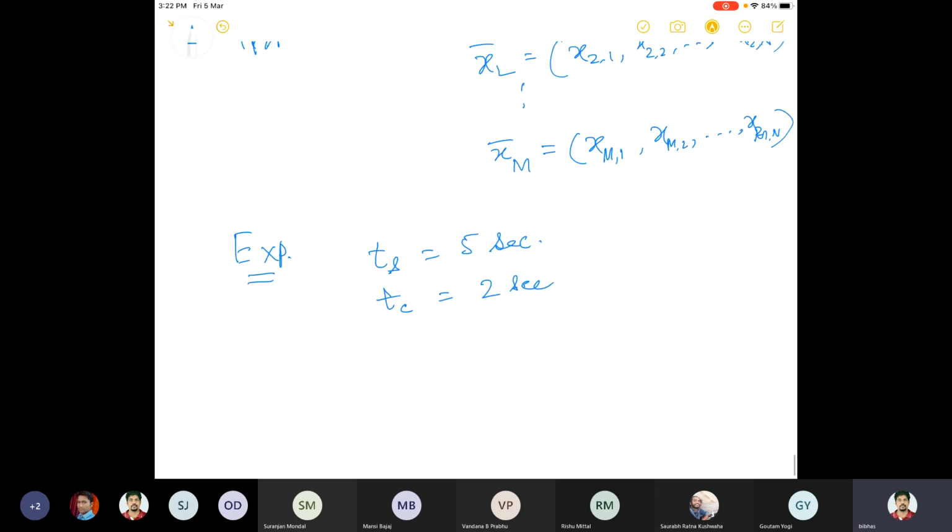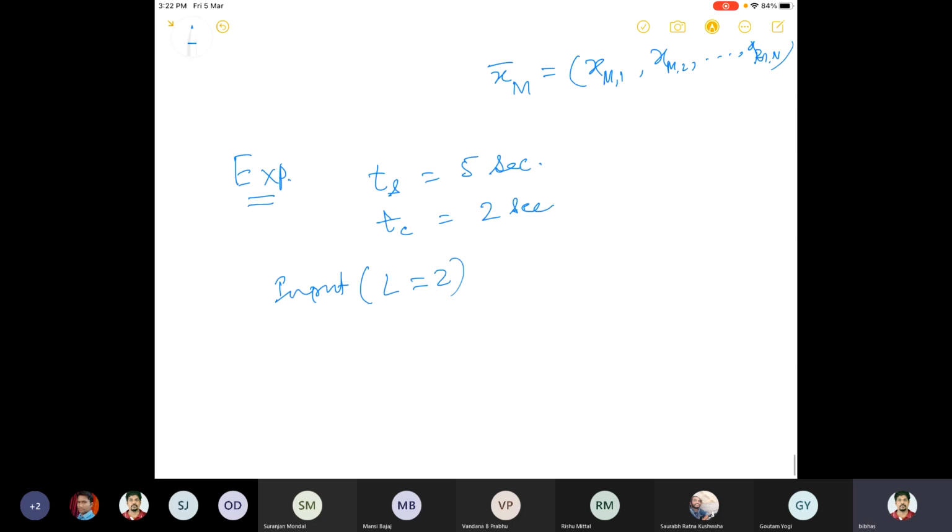Let's say L is equal to 2. That means I have 2 to the power 2, so 4 binary sequences. These are the inputs: 00, 01, 10, and 11. Then what is the value of M?